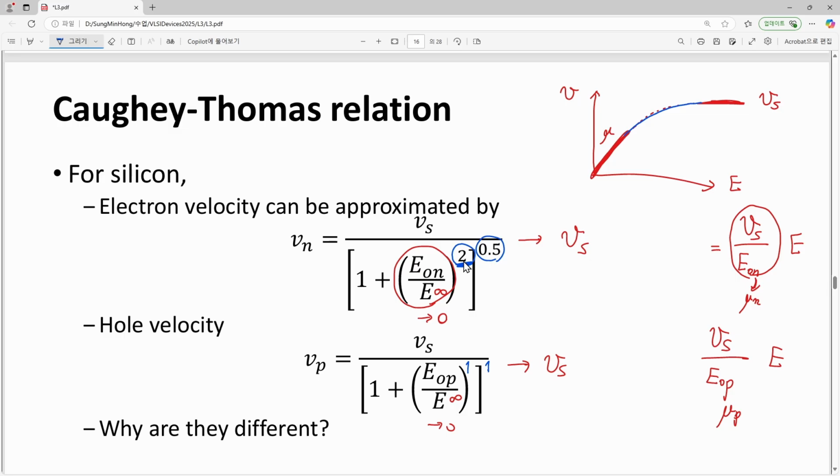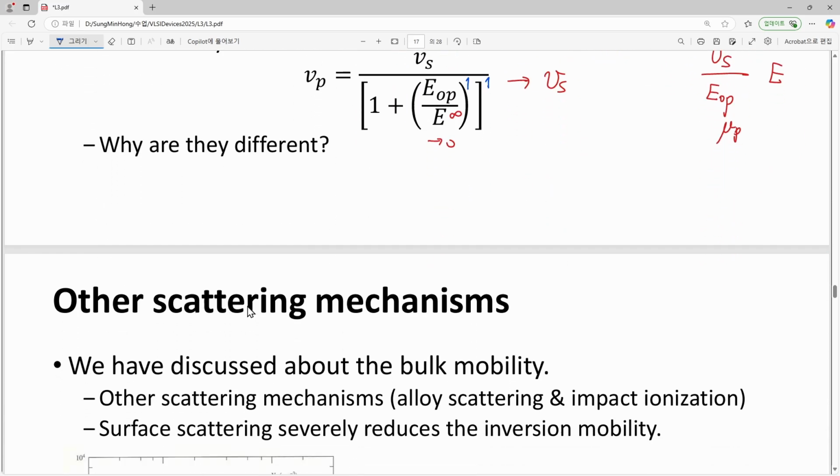Since electrons and holes inside the silicon material have different band structures and scattering mechanisms, that's the reason why they have different intermediate behavior in this electric field range. So they are modeled with different values, but it really depends on the model.